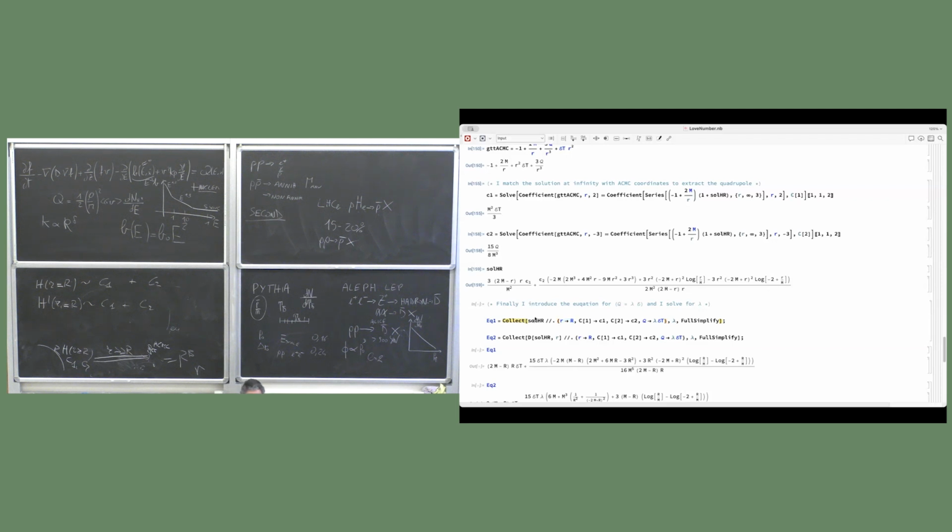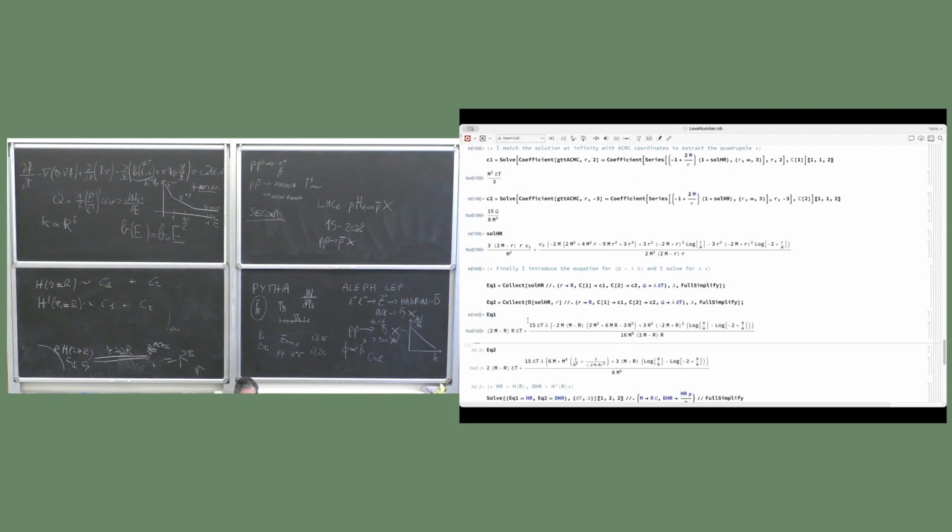And indeed, this equation U1 that you see there is just this, where instead of Psi1 and Psi2, I just put the two values of the constants that we found through the matching.